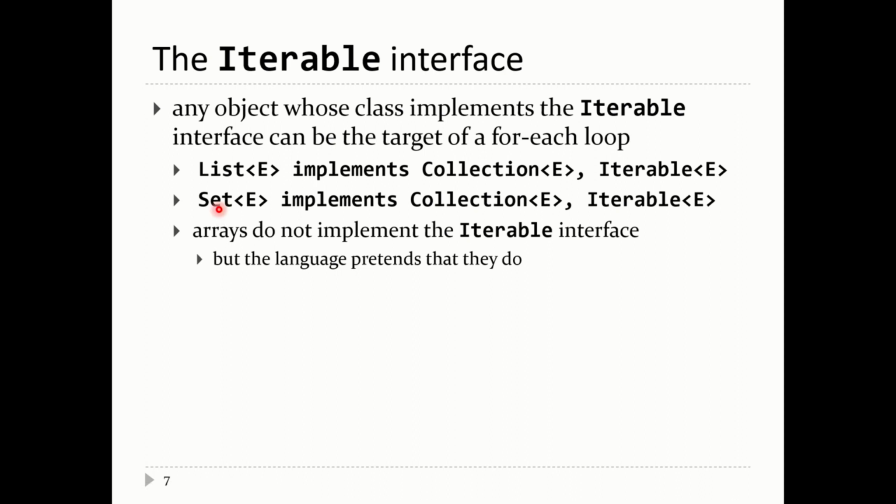Sets also implement Iterable. Oddly enough, arrays, which you can also write a for-each loop over, do not actually implement the Iterable interface. The language only pretends that they do. In other words, the compiler does some magic for you to loop over the elements of an array, but it doesn't actually use an iterator in that case.